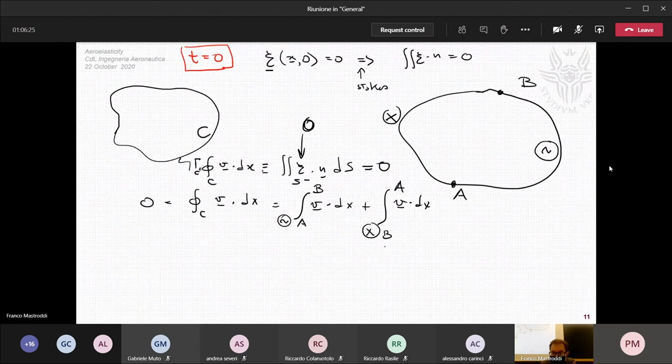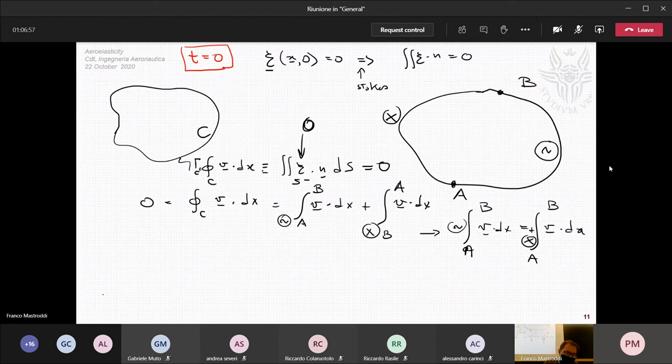Therefore, by this, you have that the integral from A to B following this path, of v dot dx, is equal to minus the integral from B to A, and therefore plus the integral from A to B again, but following this other path.